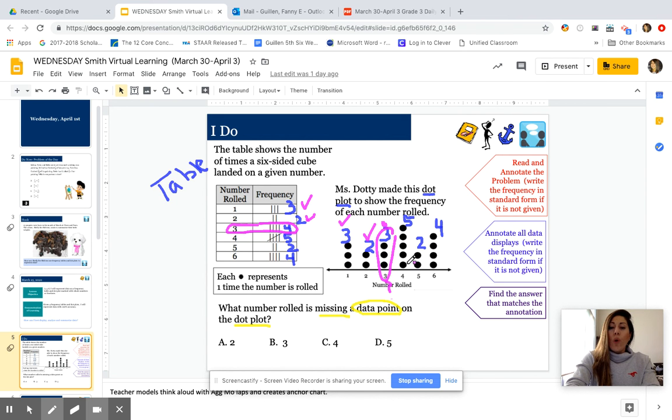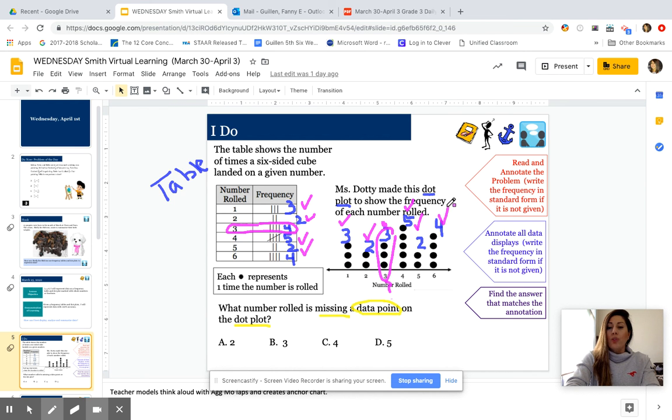My number 4 was rolled 5 times, that's correct. I'll put a little check mark. My number 5 was rolled 2 times, that is correct, because that information is consistent on both tables. And my number 6 was rolled how many times? 4 times. So over here, my number 6 was rolled 4 times.